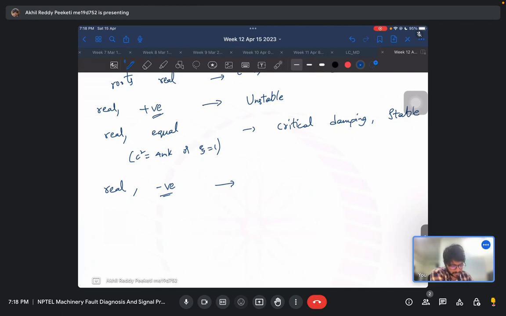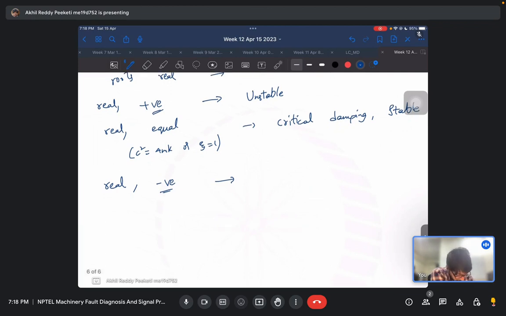But if the roots are real and positive, it will be an unstable system. Roots are real and equal, then it will be a critical damping system. If they are real and negative, then it will be an over damped system but stable.